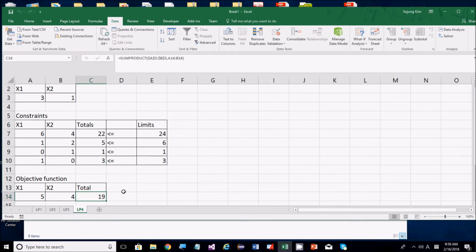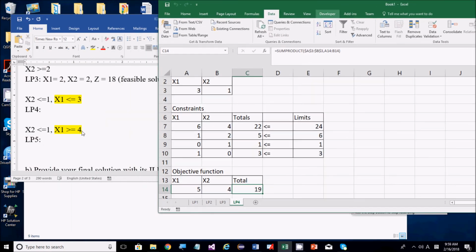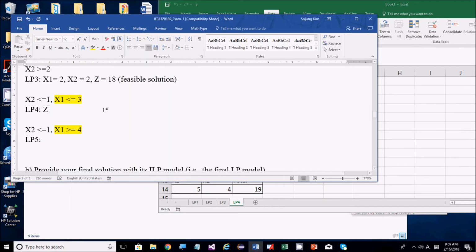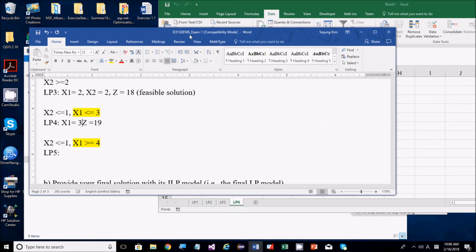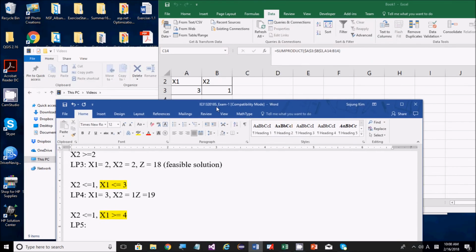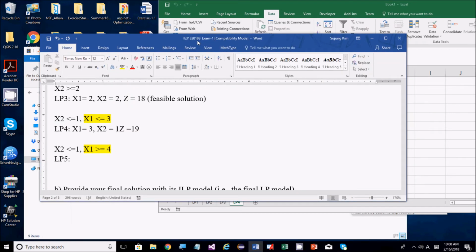So in this case we got 19. The z value is 19 when x1 equals 3 and x2 equals 1, right? You should check the values of the two variables, and here they are integers, so it is a feasible solution.